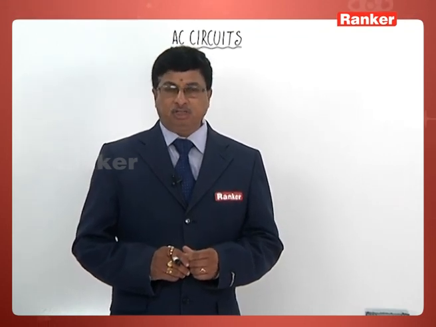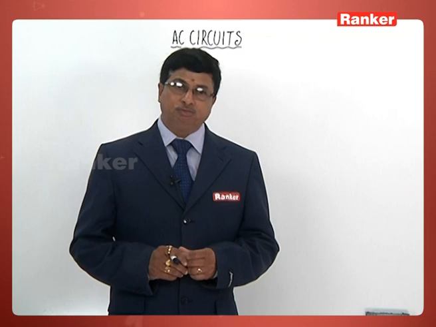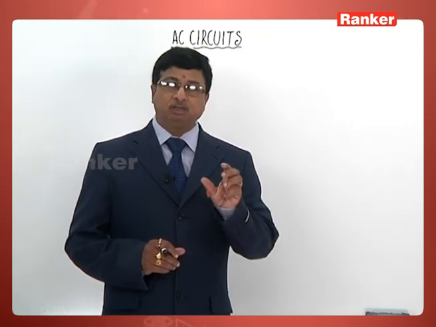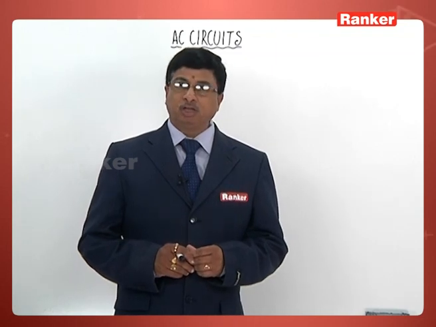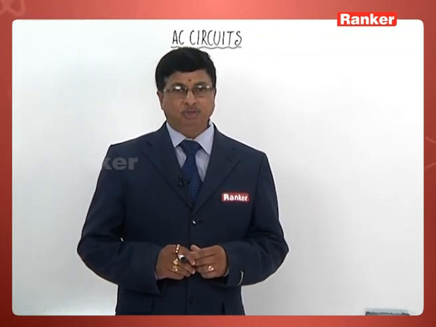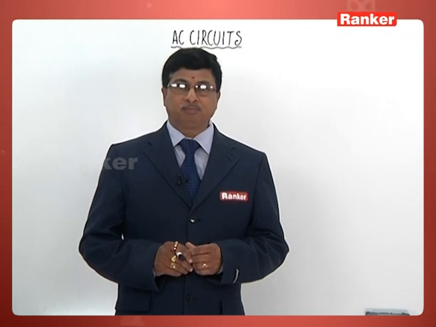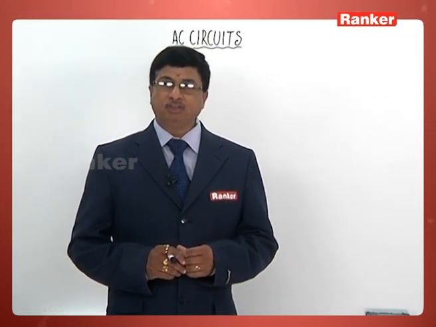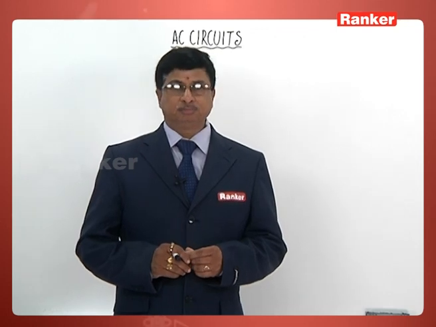That's what officially we call the phase. And this cos phi term we call the power factor. So how do we calculate the power in different AC circuits? Let us take up.